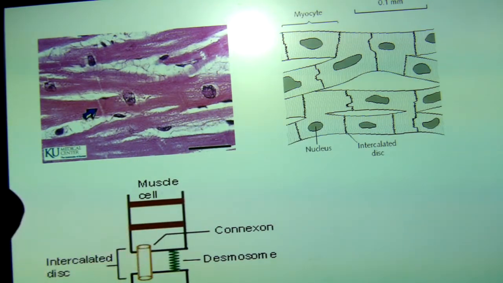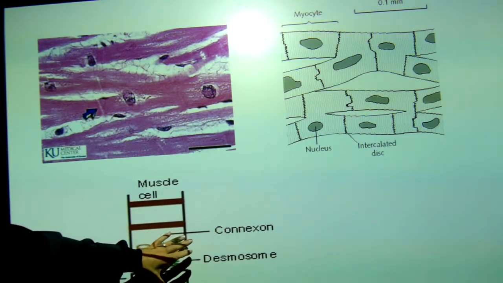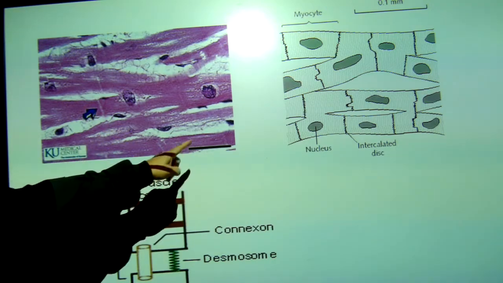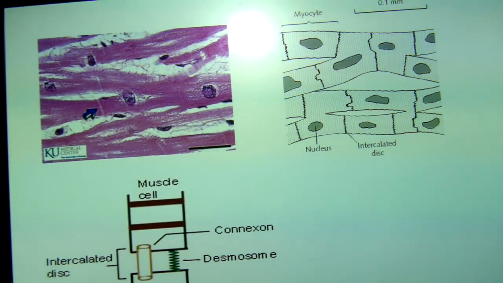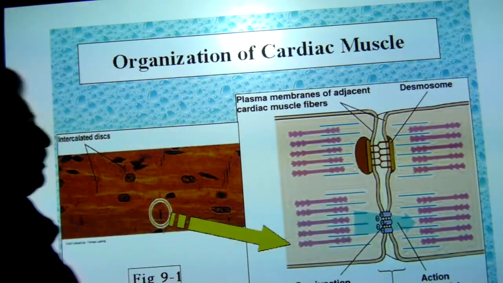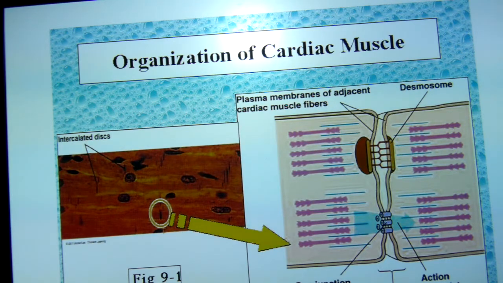So what happens since the cardiac muscle is under extreme stress? You need to hold these cells together with a lot of desmosomes, a lot of tight junctions. And that's what an intercalated disc is. This figure is from your book that shows the intercalated disc.